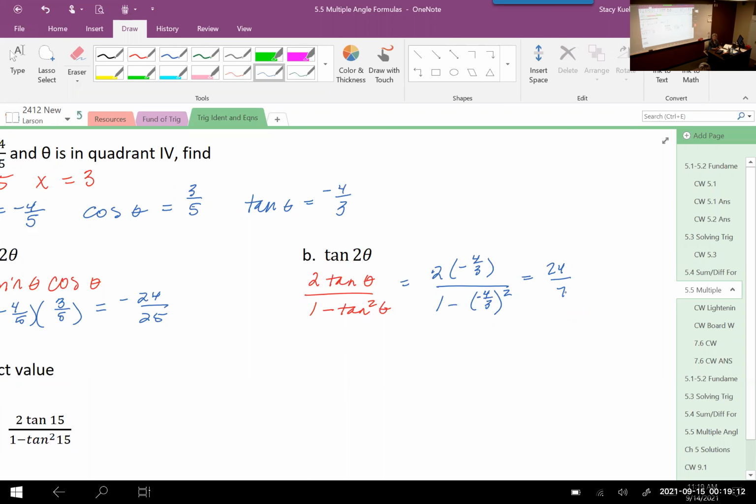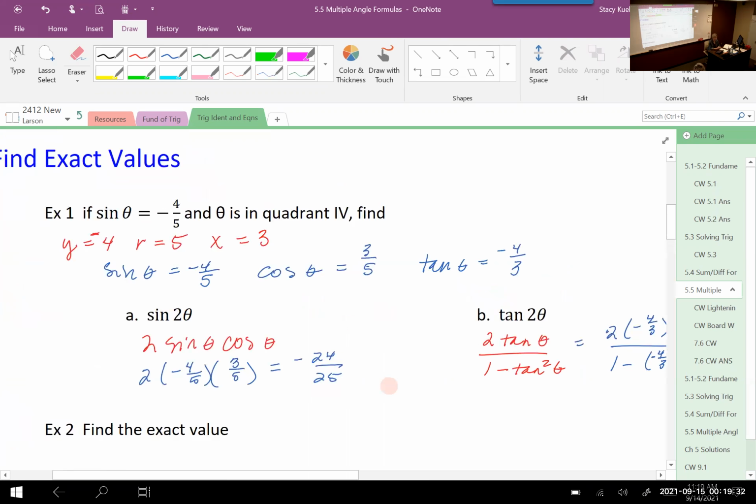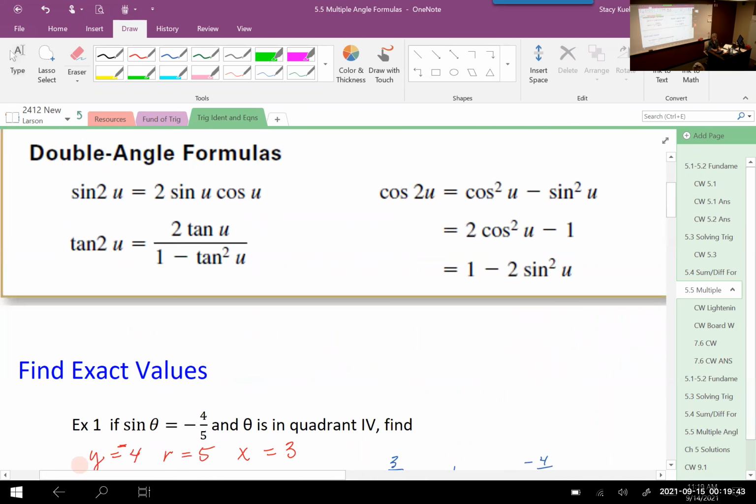Any questions on applying those identities? We didn't do cosine, but we'll have plenty of time to practice that, and it's the same concept, right? The double angle identity for cosine, you pick one of those, plug it in, boom, you're done, okay? Also, any of the 3 formulas listed for cosine would work? Yes. In fact, if I asked you to find the double angle for cosine, any of those would work. I would probably use this one right here, because that's the only identity where I'm using the actual given in the problem.